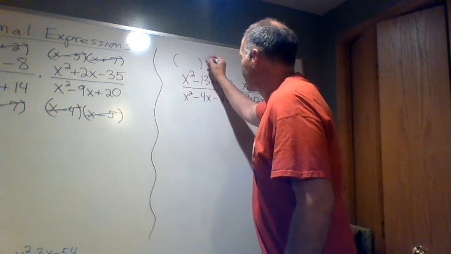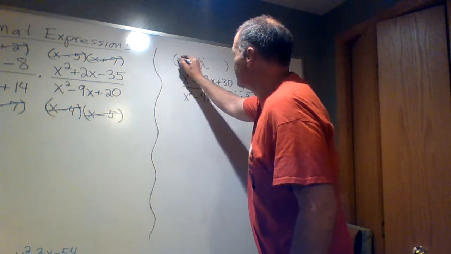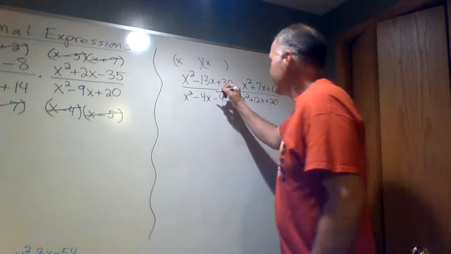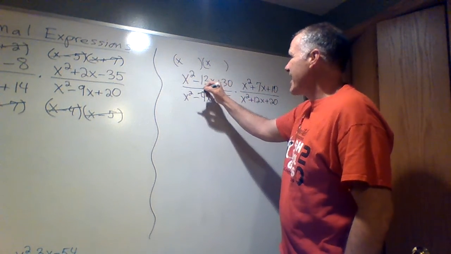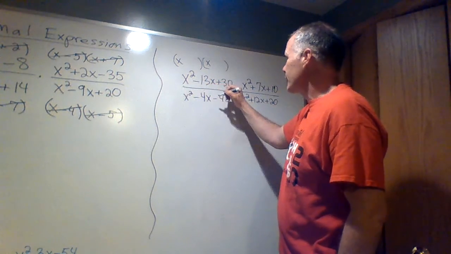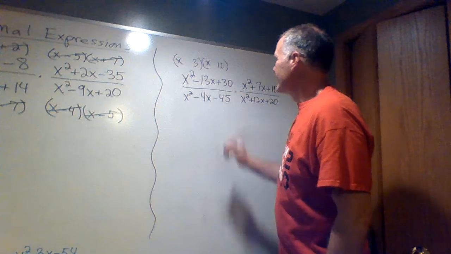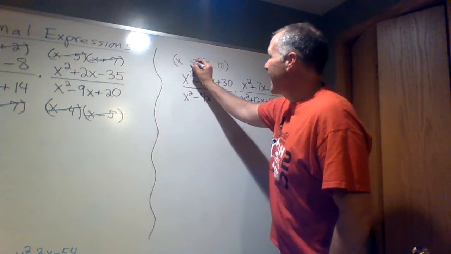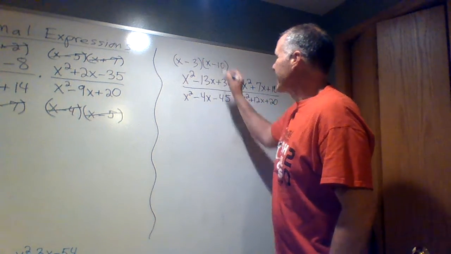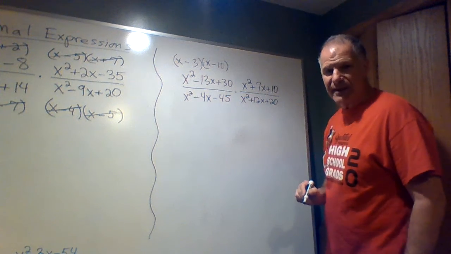So again, here, x and x, factors of 30 that add up to 13, positive 30, add up to 13, 3 and 10, right? Now I'm trying to add up to a negative, so both need to be negative. Negative 3 and negative 10.